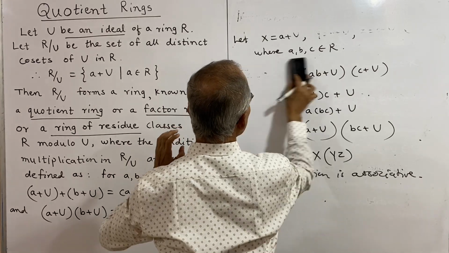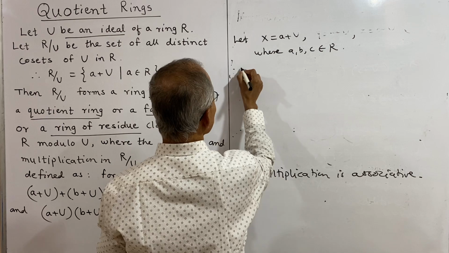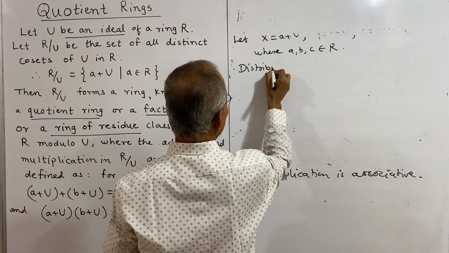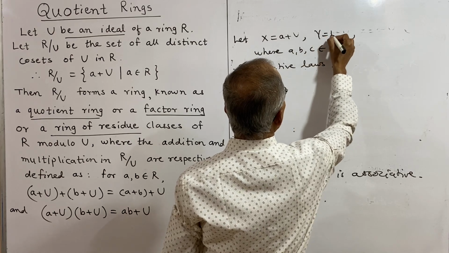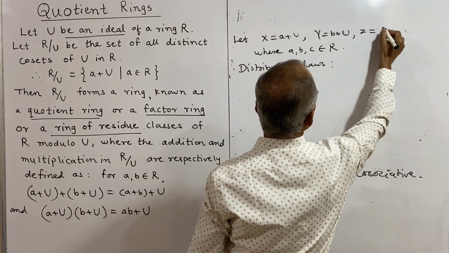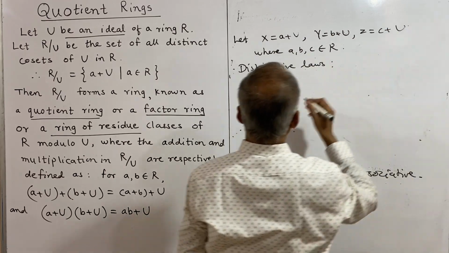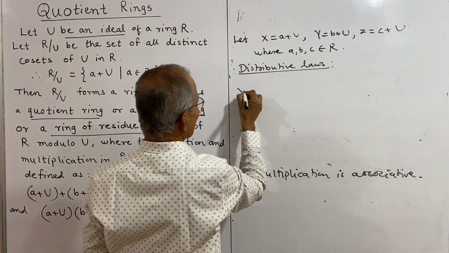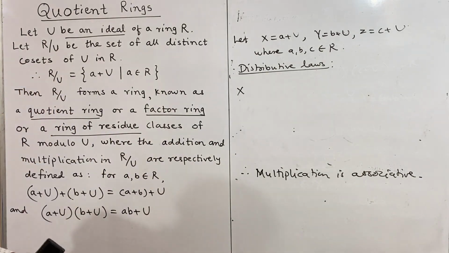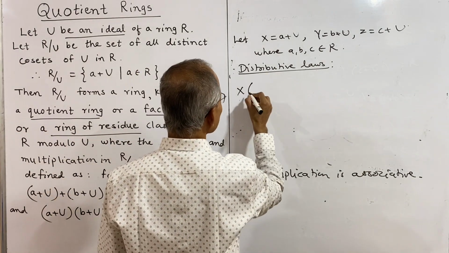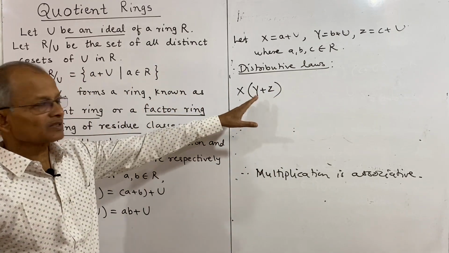So I shall write here distributive laws. y is b + U, z we have considered c + U. For the distributive laws, we shall verify the left distributive law, that is x(y + z), and we shall prove it equals xy + xz.